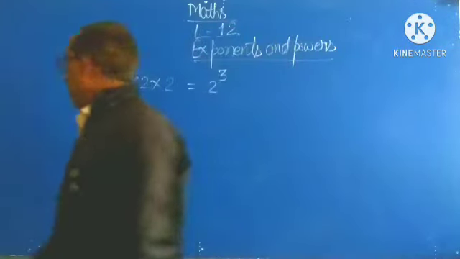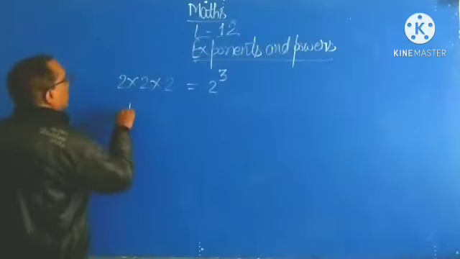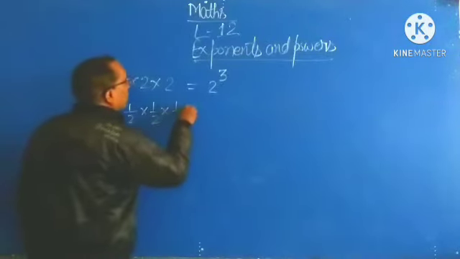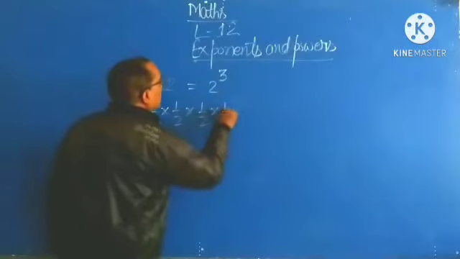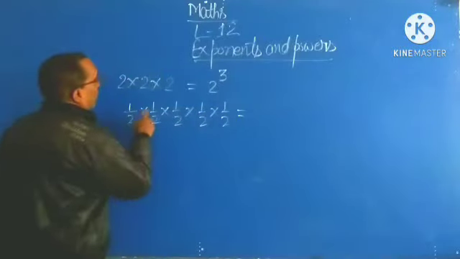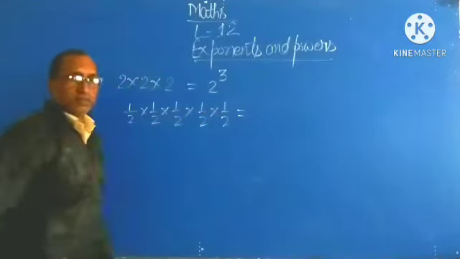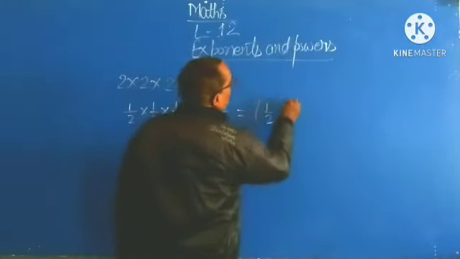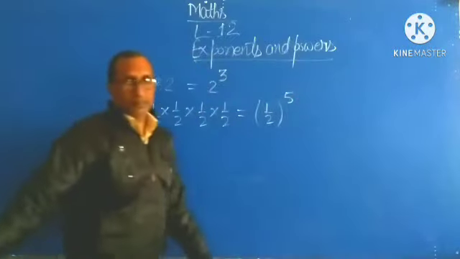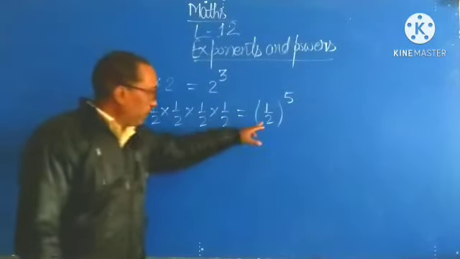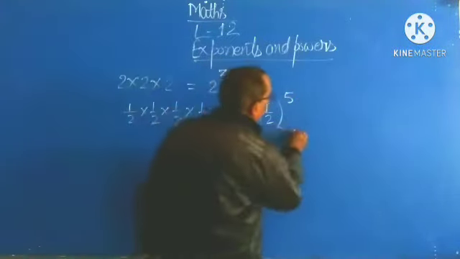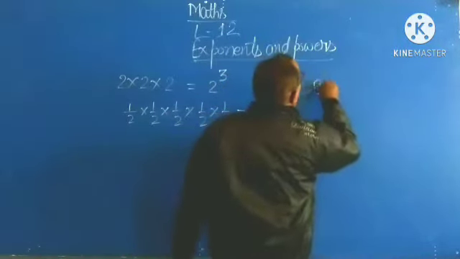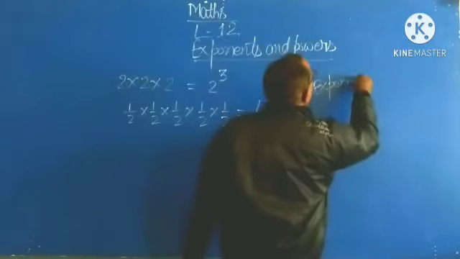Okay, like when you write 1 by 2 into 1 by 2 into 1 by 2 into 1 by 2 into 1 by 2, 5 times, you write it as (1/2) raised to power 5, where 1 by 2 is the base and 5 is the exponent.